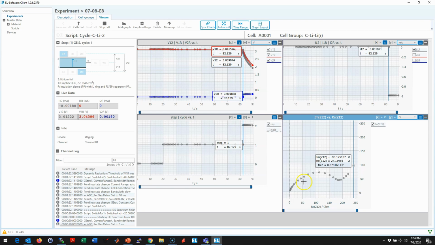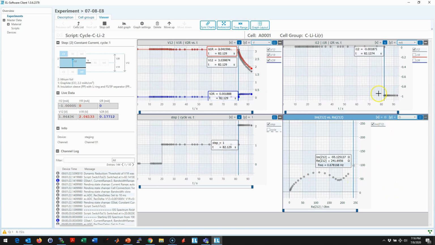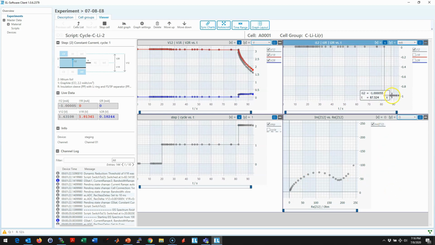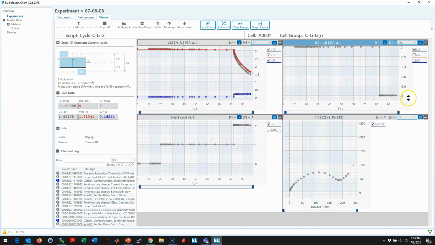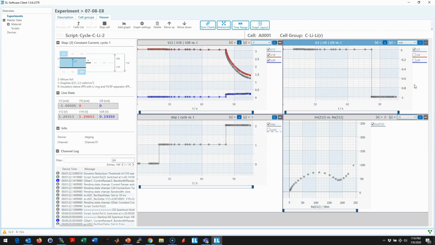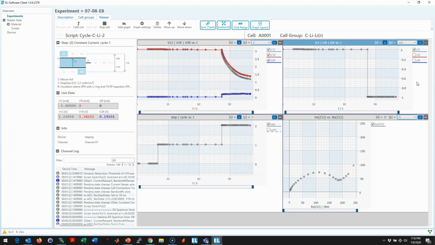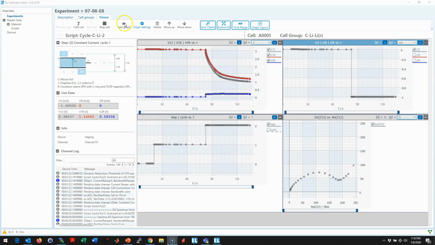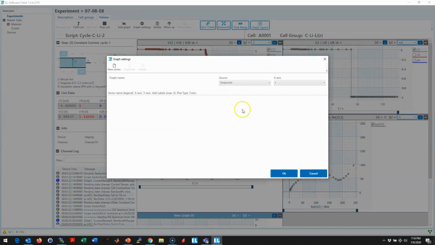The spectrum is now finished, and we are in the constant current, in the lithiation step. So a current of -1 milliamp is being applied, and after 300 seconds the impedance is measured at this bias current for the first time. We add another graph in order to plot the half-cell impedance of the graphite electrode.